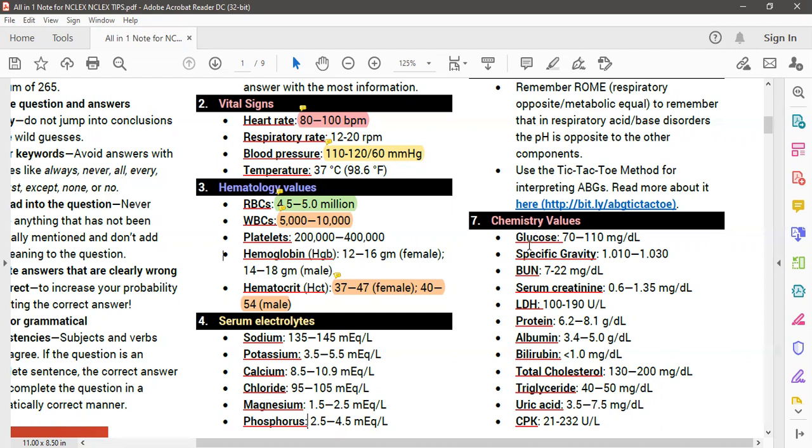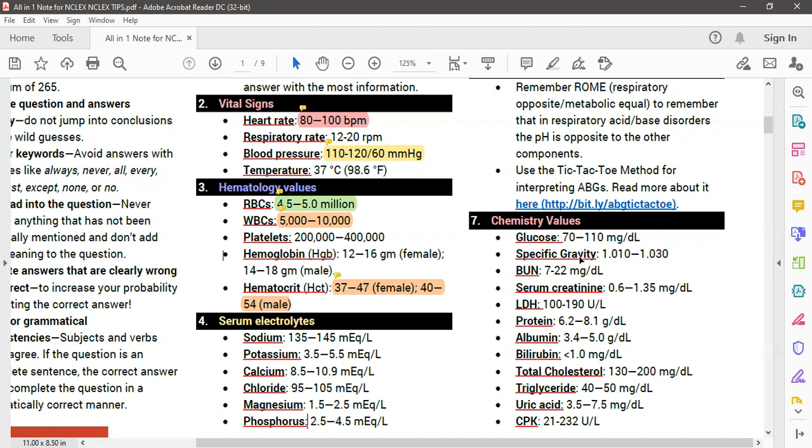Next one is urine specific gravity. Usually it is 1.010 to 1.030.